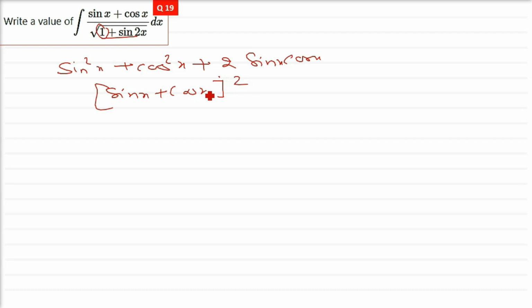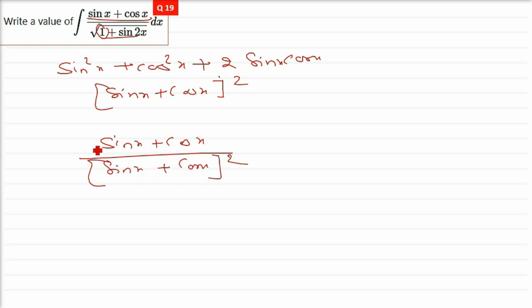So a plus b whole square, which is a square plus b square plus 2ab, that will give you 1 plus sin 2x. Now when you take the root of this, the power 2 will get eliminated. We have sin x plus cos x in the numerator, we'll get sin x plus cos x in the denominator also, but it's squared inside a root. So this root will eliminate the power 2.